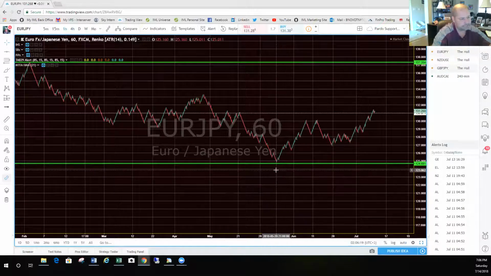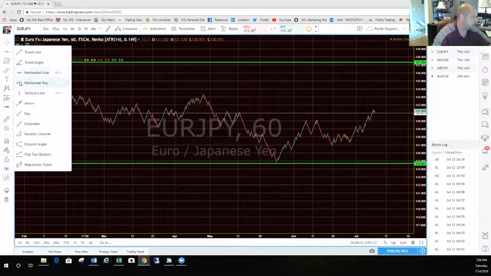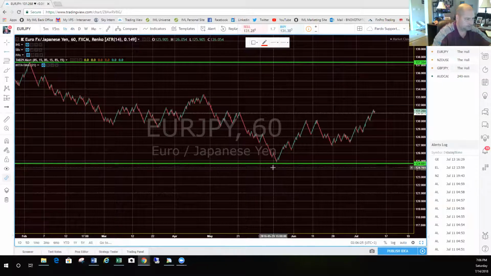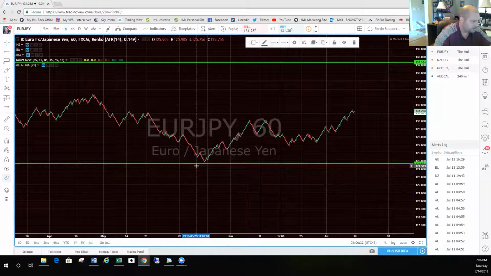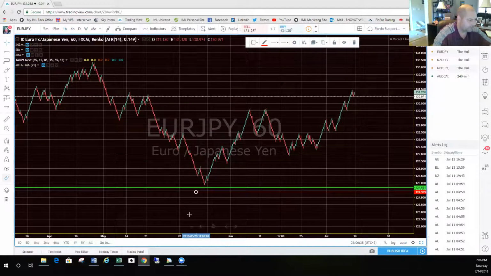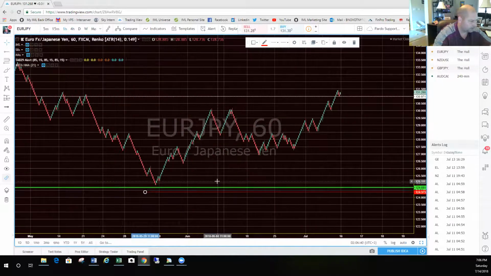You just need to place your stop loss somewhere under here. Once it comes down and you get into this trade, if it goes past that green area, past your support level, get out of the trade. And here is where your entry would be.